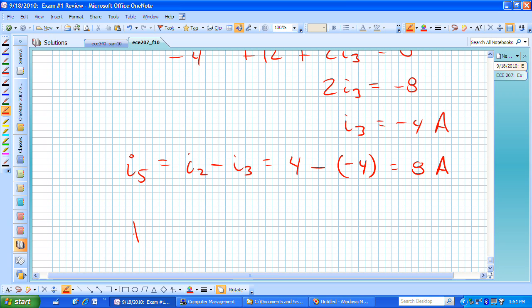Our power then, absorbed by resistor R5, was R sub 5 times I sub 5 squared. All of our resistors had a value of 1 ohm. We then need to square I sub 5 to yield a power absorbed by R sub 5 of 64 watts, and that's our answer.